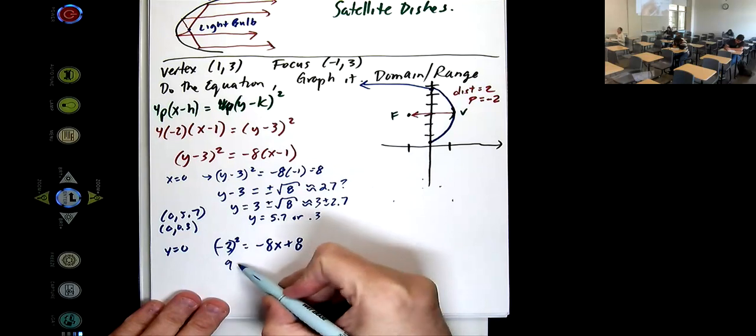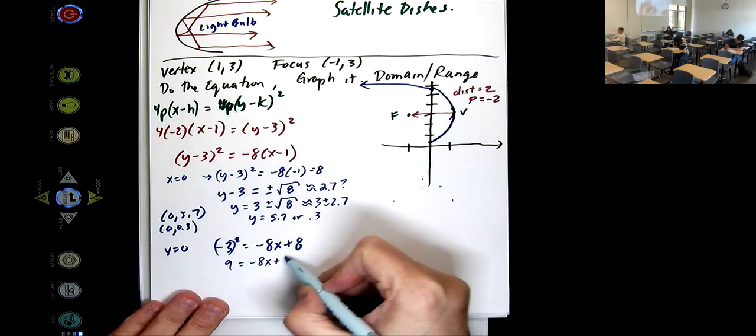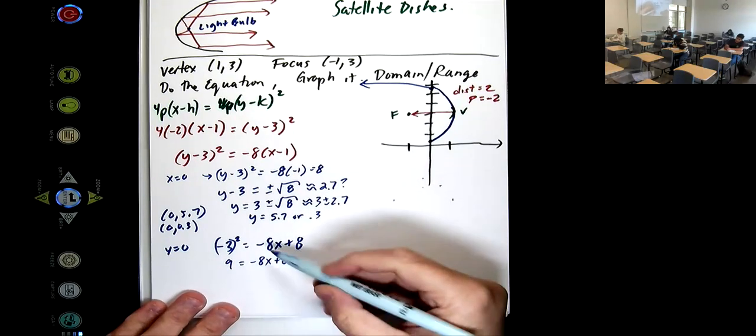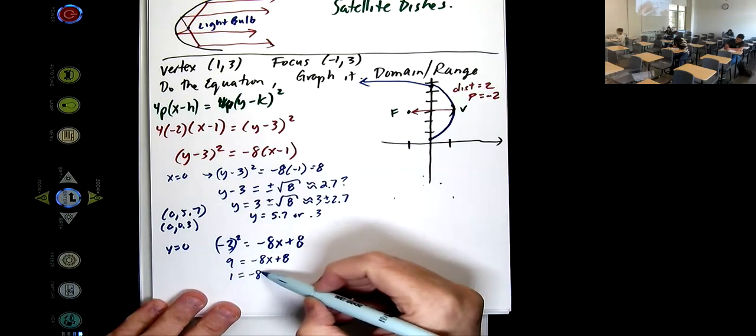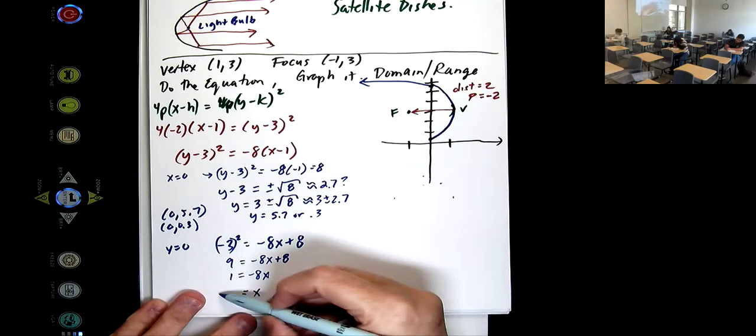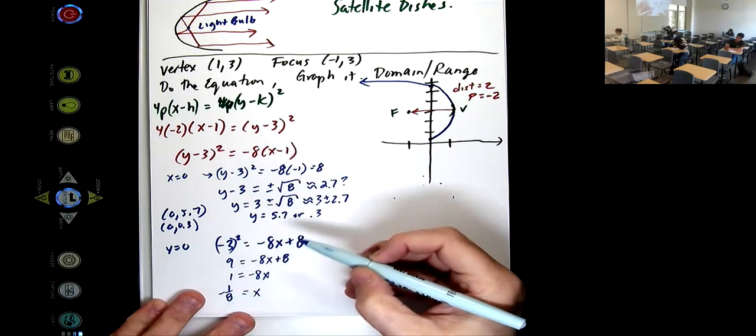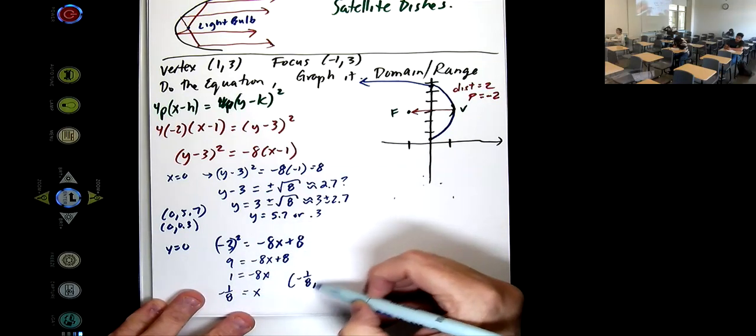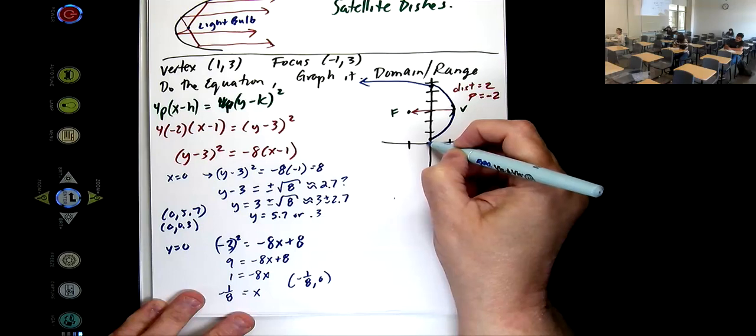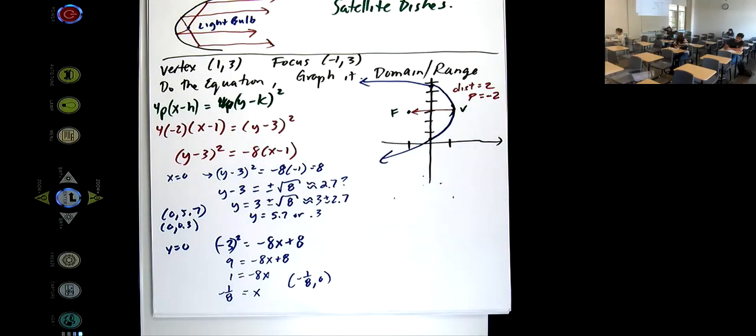So 9 equals -8x plus 8. I subtract 8, I get 1 equals -8x. So x equals -1/8, which we could see was going to be pretty close to the origin just by the way the graph was looking.